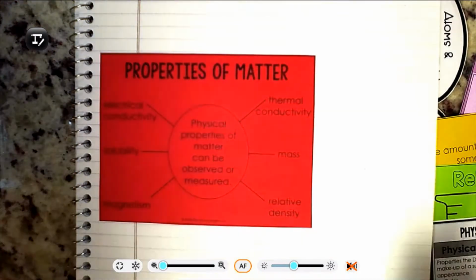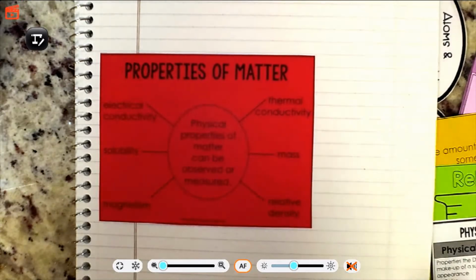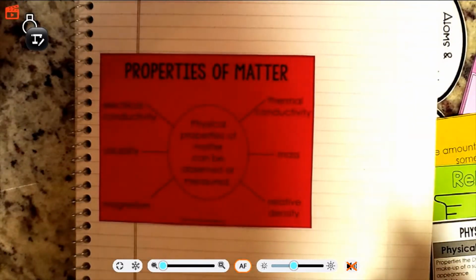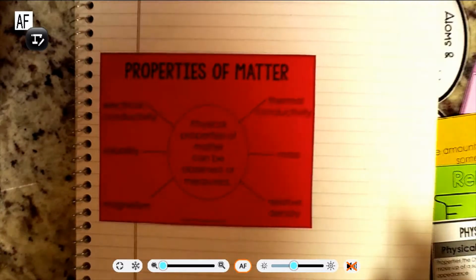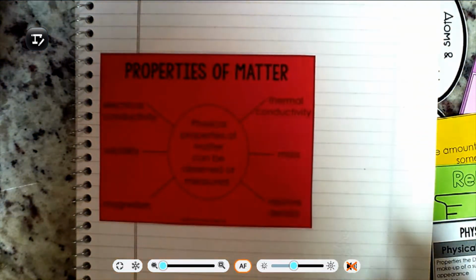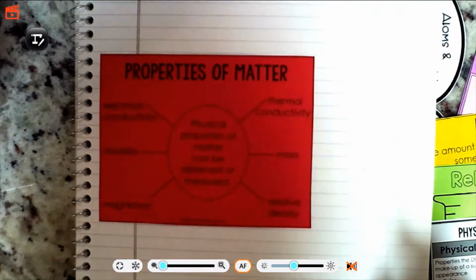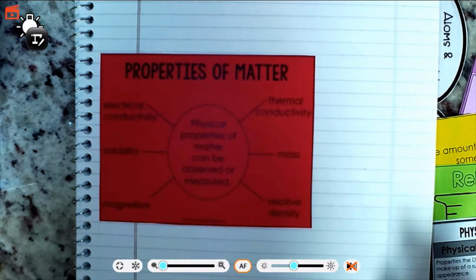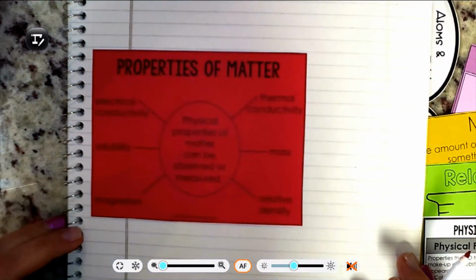So if you can see them, you can observe them. You are a 6th grader and you can do it, anybody can do it. So in addition to these, there are several other ones, but we're going to focus on these properties.